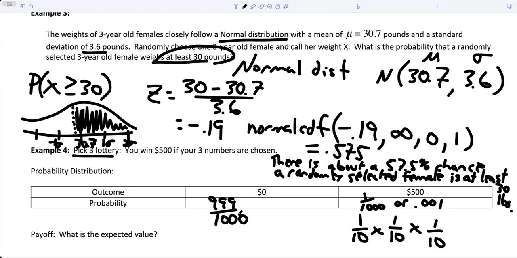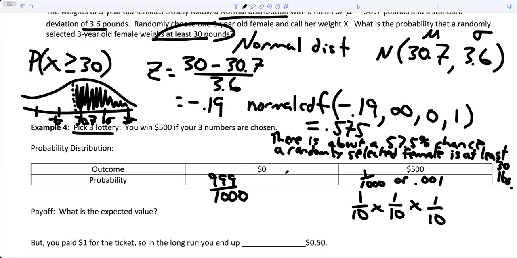Okay. So the next question asks, and let me preface this by saying, this is a very basic, simple example. But casinos and gambling commissions, they have calculated all of this ahead of time, of course. What's the expected value? That would be the mean of the probability distribution.